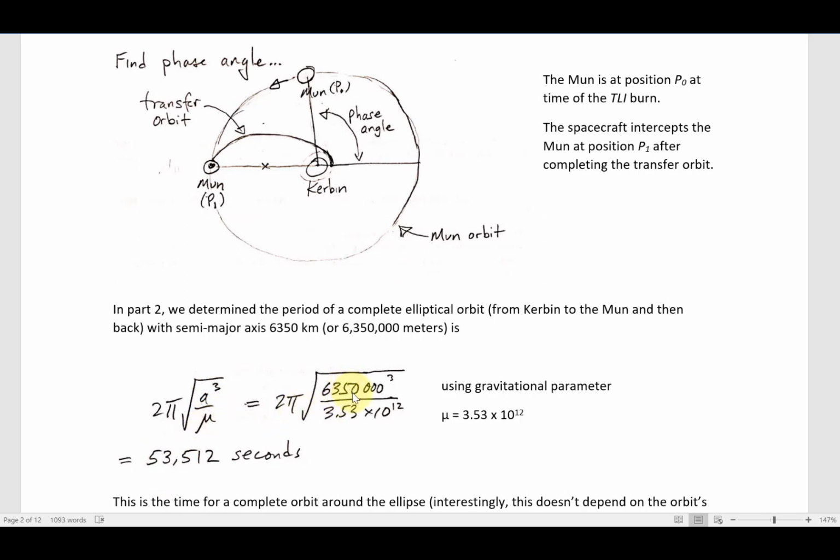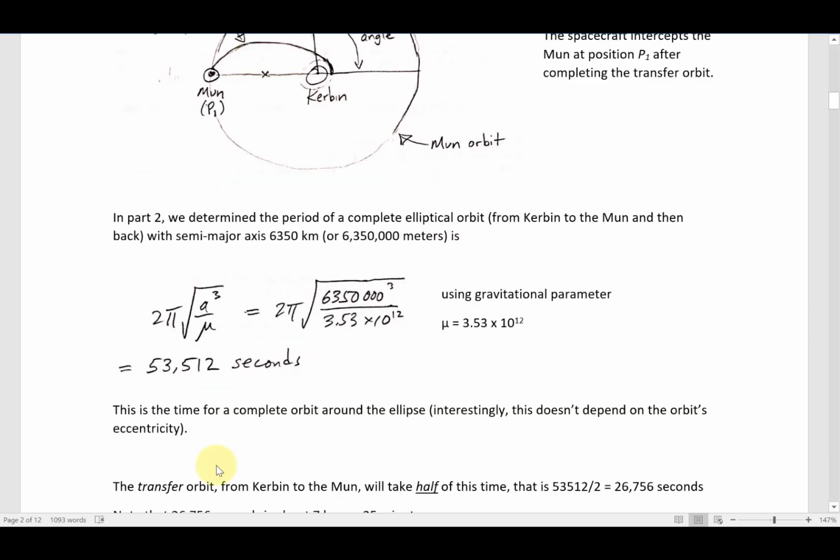With a semi-major axis of 6,350,000 meters, cubing that, dividing by a gravitational parameter based on the mass of Kerbal and the universal gravitational constant, 3.53 times 10 to the 12, putting G and M together gives you this value. Well, the complete elliptical orbit is 53,512 seconds. This is the time for a complete orbit around the ellipse.